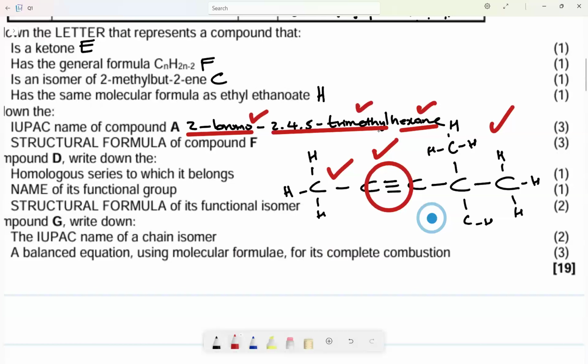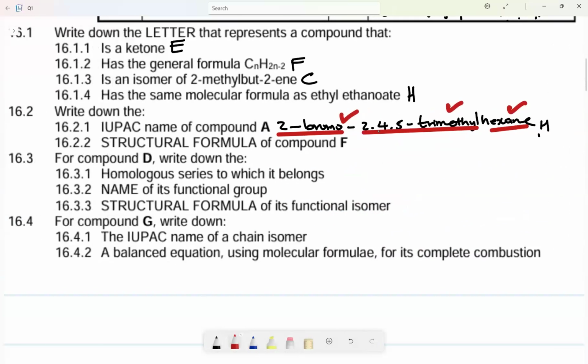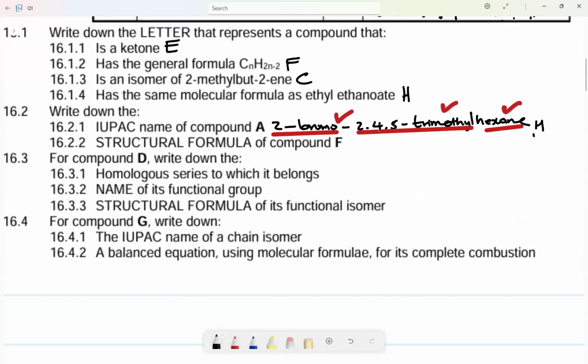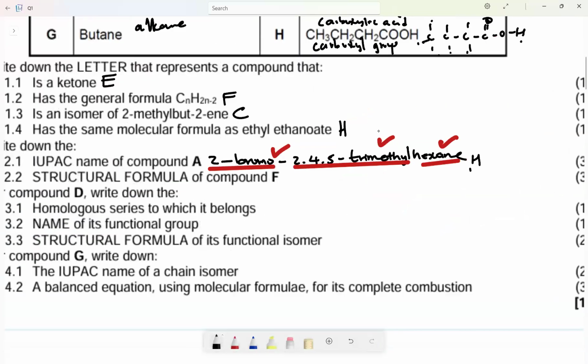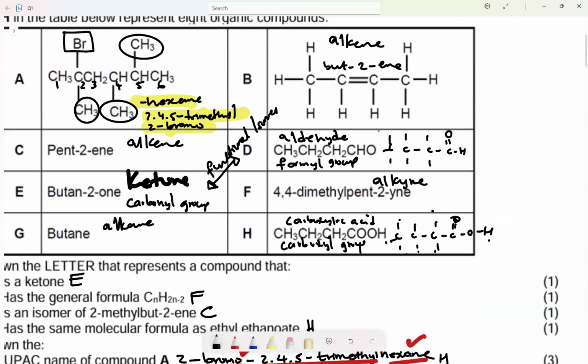I'm removing it now so that we continue with other questions. Then on 16.3, they say for compound D. So whatever the sub-questions there, we'll be focusing on compound D. Which one is compound D? This one, our aldehyde here.